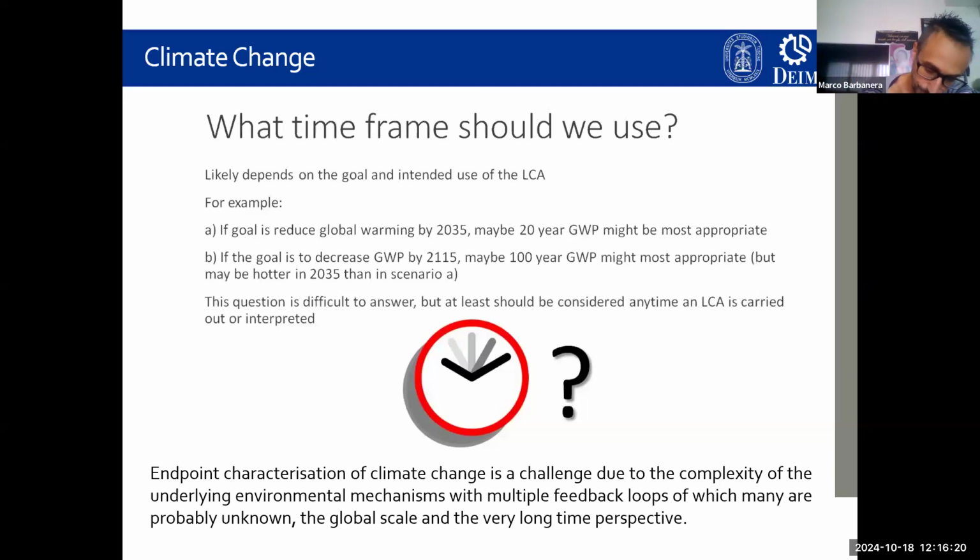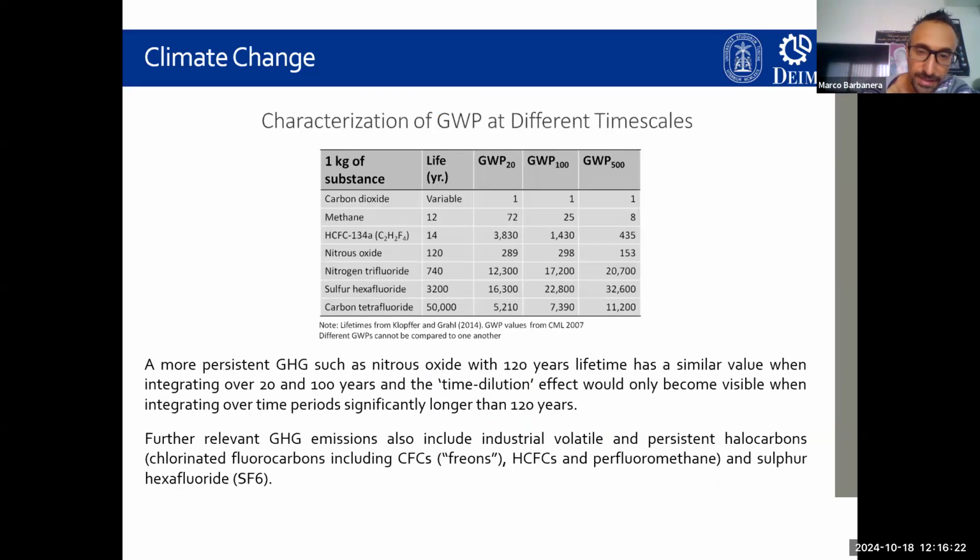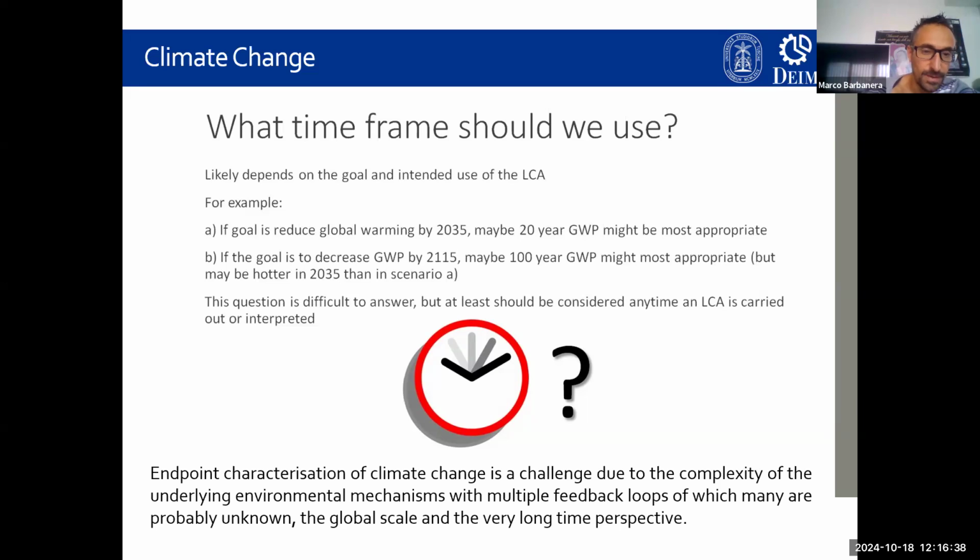The time frame depends on the aim of the study. Typically, the most used time frame is 100 years. This is the most used time frame. But the choice depends on the aim.